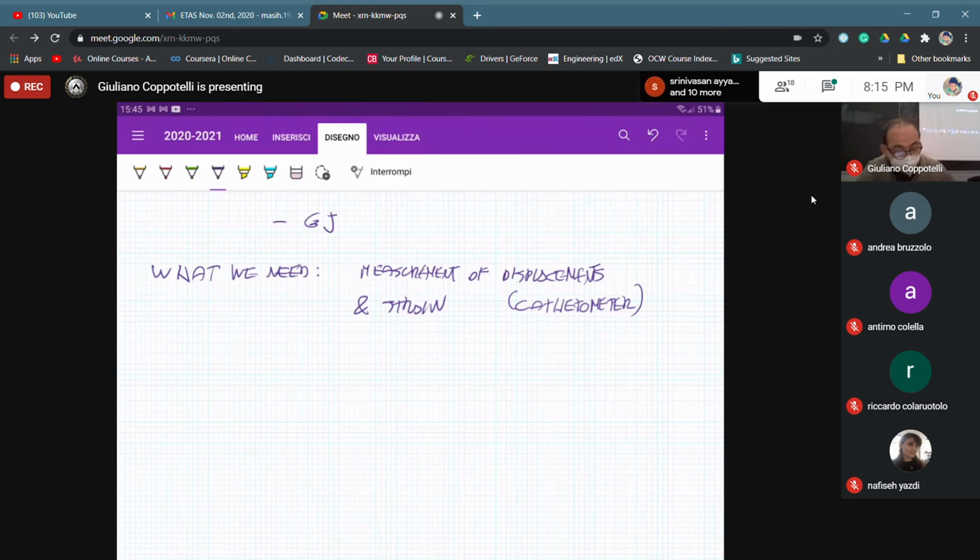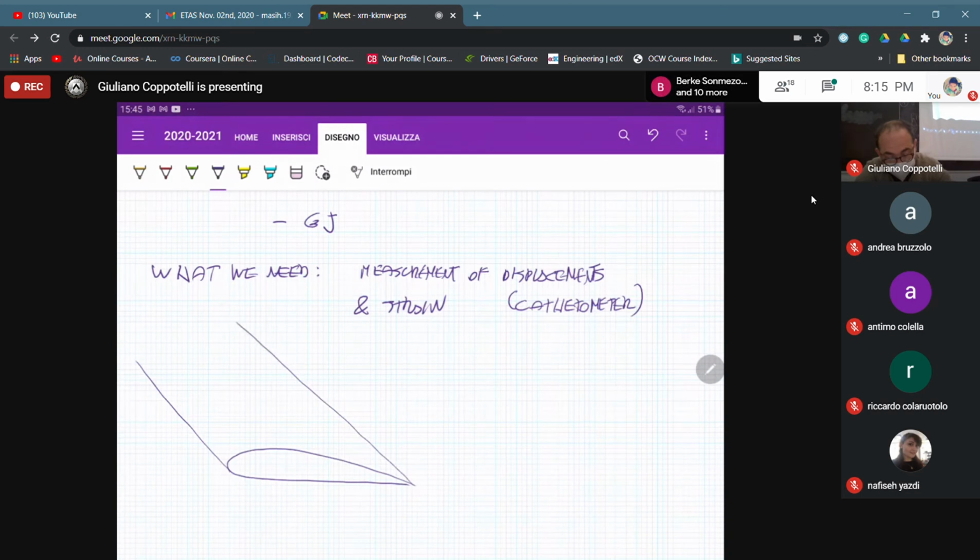So we are having a generic structure like this, a slender structure. We can assume that your reference frame has y-axis and z-axis as usual.